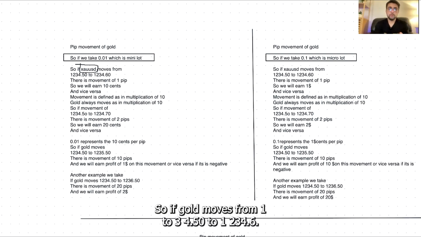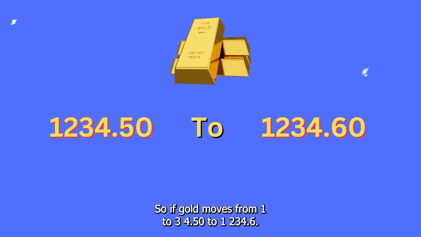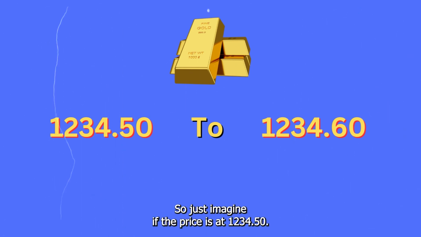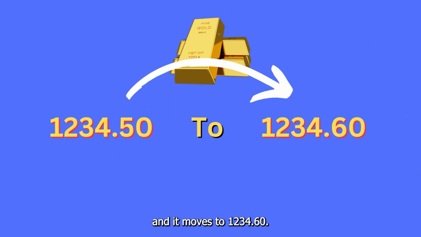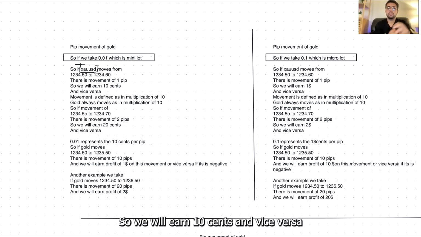So if gold moves from 1234.50 to 1234.60, just imagine the price is at 1234.50 and it moves to 1234.60, then there is a movement of 1 pip. So we will earn 10 cents, and vice versa.